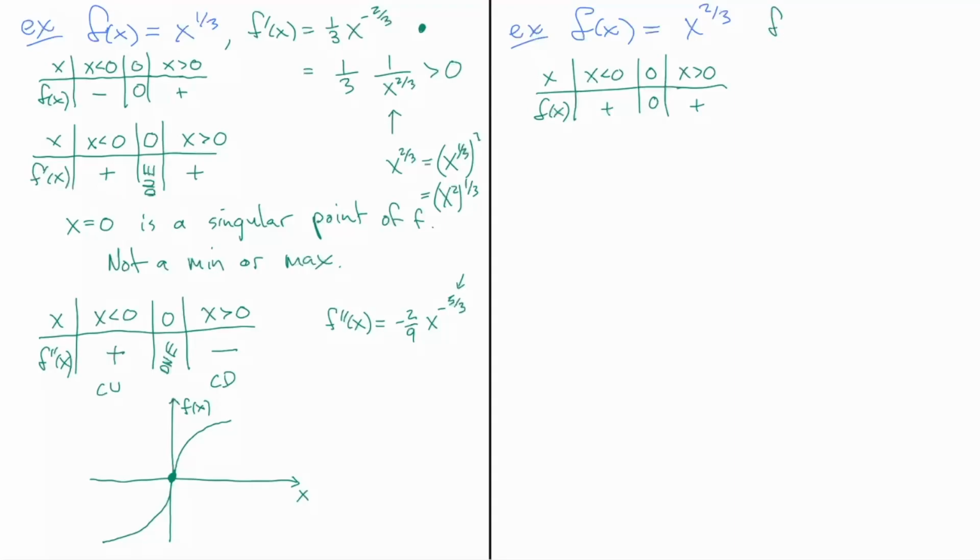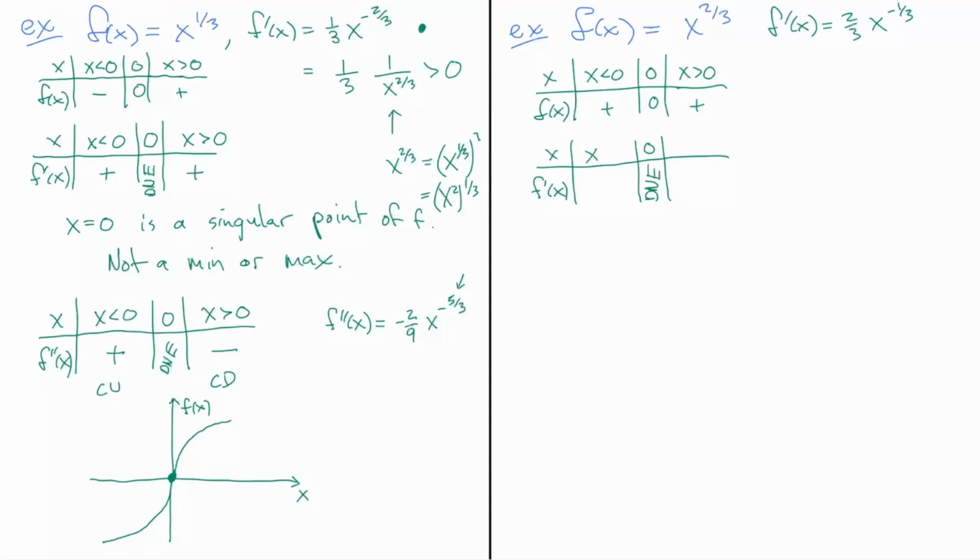So now f prime of x is going to be 2 over 3 x to the minus 1/3. So we still, because it's a fraction between 0 and 1, we're still going to get that singular point. So we have x and f prime of x. And now we still have a special point at the origin, but here it's a singular point, does not exist.